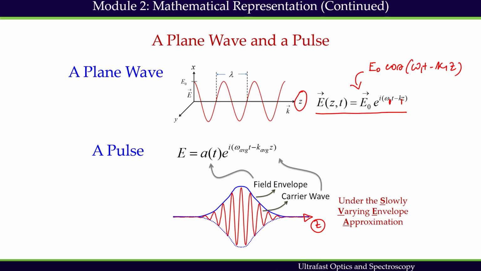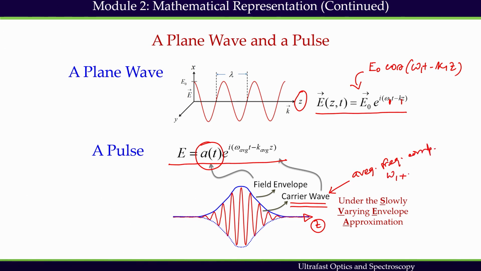On the other hand, a pulse propagating along the z direction has a similar kind of equation, except for this envelope function. This is called the field envelope. It is associated with the field, and the average frequency component, I said previously, is also called the carrier wave. How do you get that?